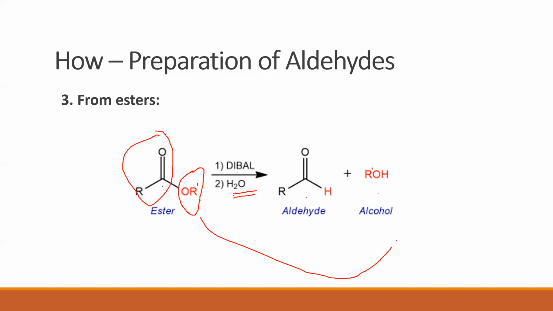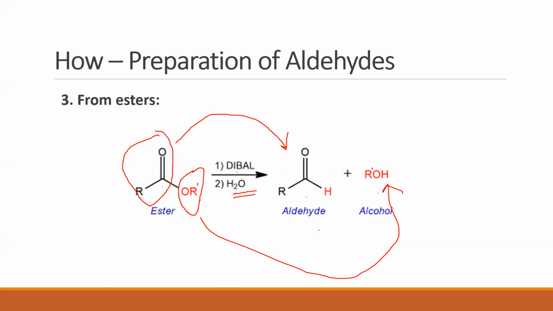This will become my alcohol, R'-OH. So to this part, we add one hydrogen, which will become an alcohol. To this part, we add one hydrogen too. The moment I add a hydrogen to this part, it becomes RCHO. Clear? Which is nothing but an aldehyde.